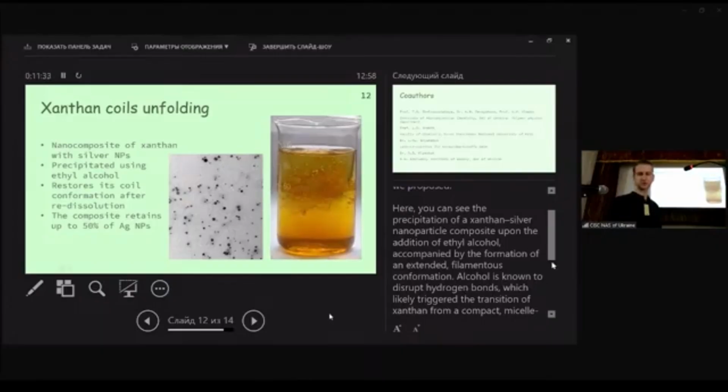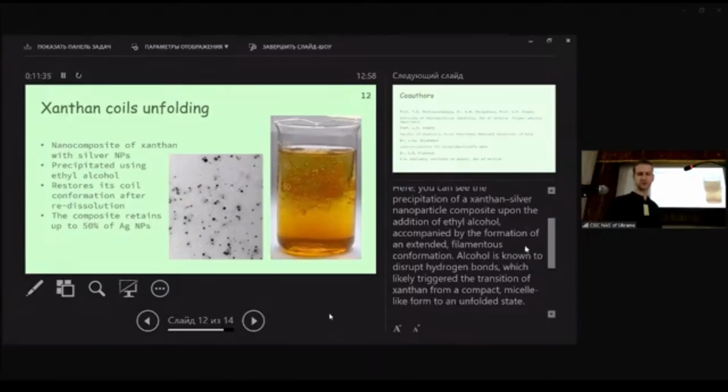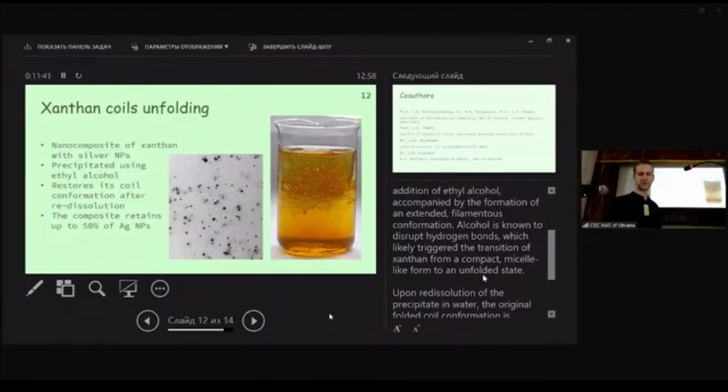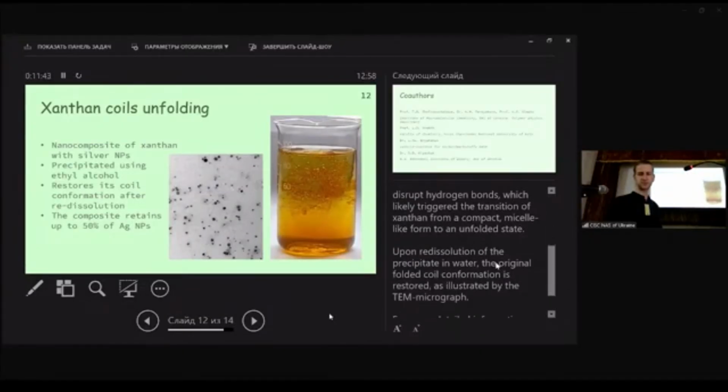Alcohol is known to disrupt hydrogen bonds, which likely triggered the transition of xanthan from a compact micelle-like form to an unfolded state. Upon redissolution of the precipitate in water, the original folded coil conformation is restored, as illustrated by the TEM micrograph.